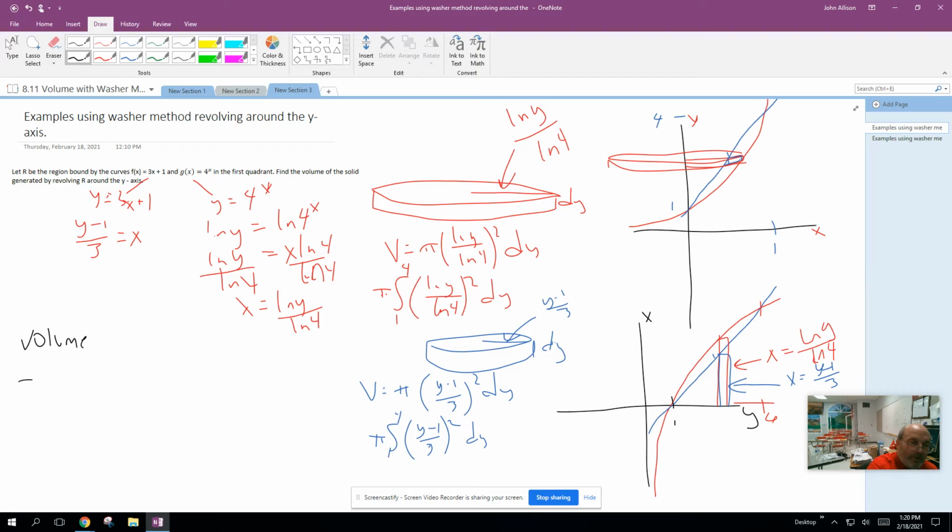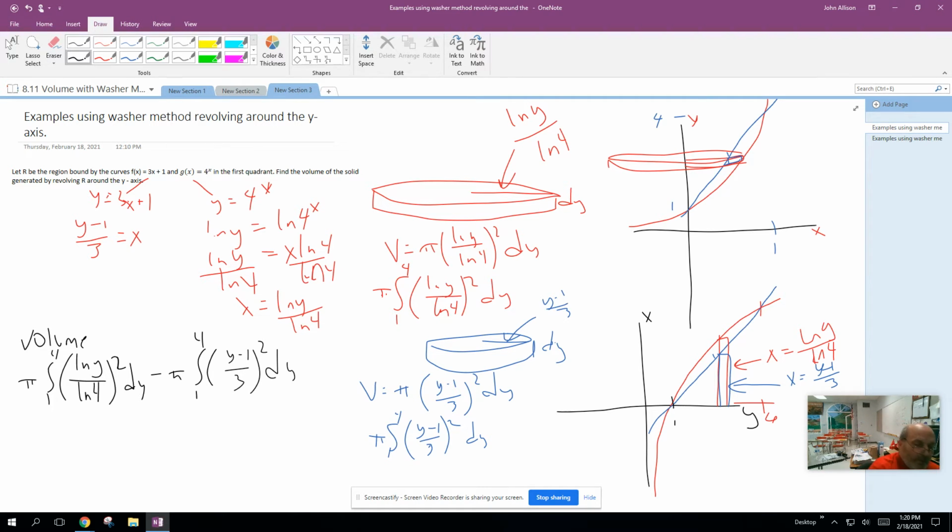So we end up with pi times the integral from 1 to 4 of (ln y over ln 4) squared dy, minus pi times the integral from 1 to 4 of (y minus 1 over 3) squared dy.